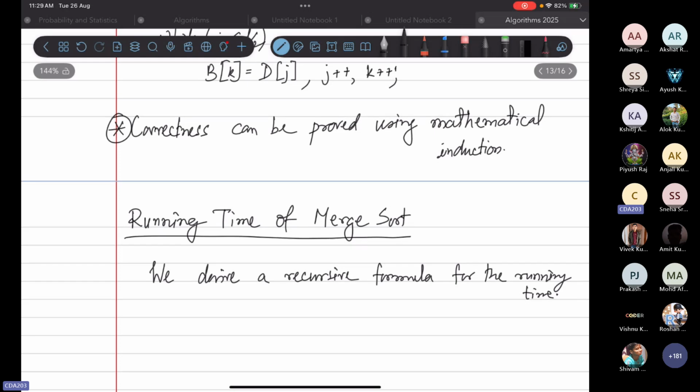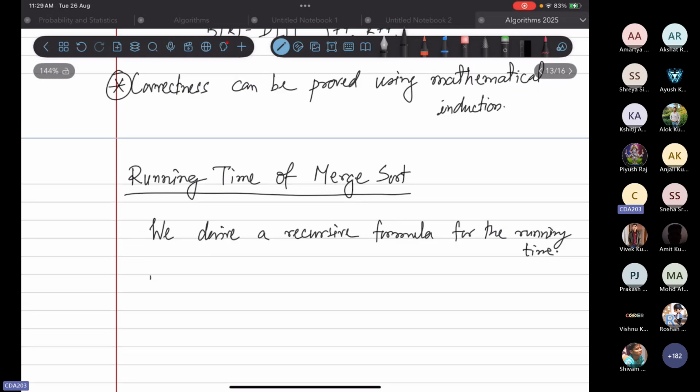Okay, so how to do it? First we'll define something. I'll say Tn. What is this?